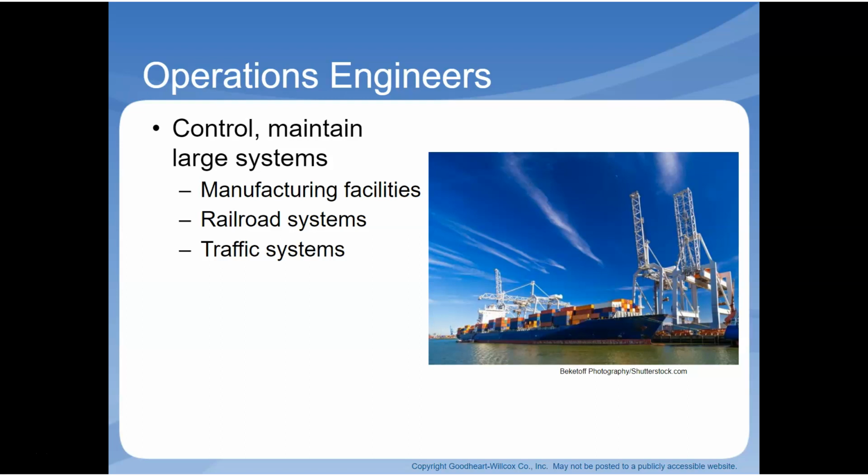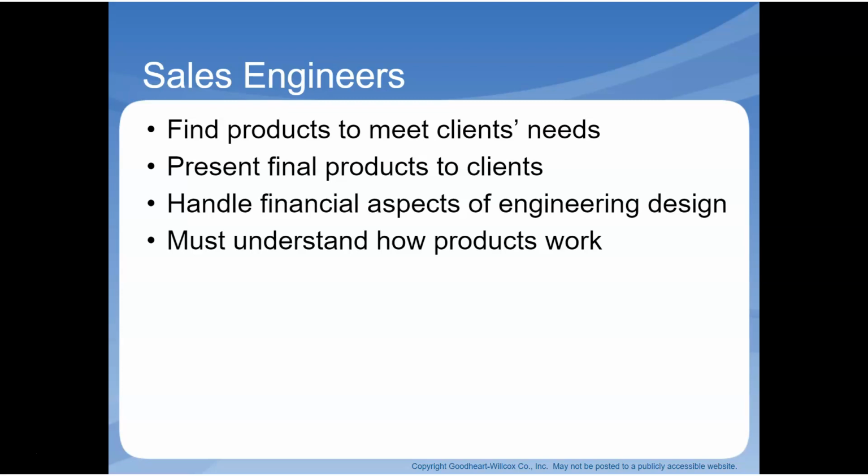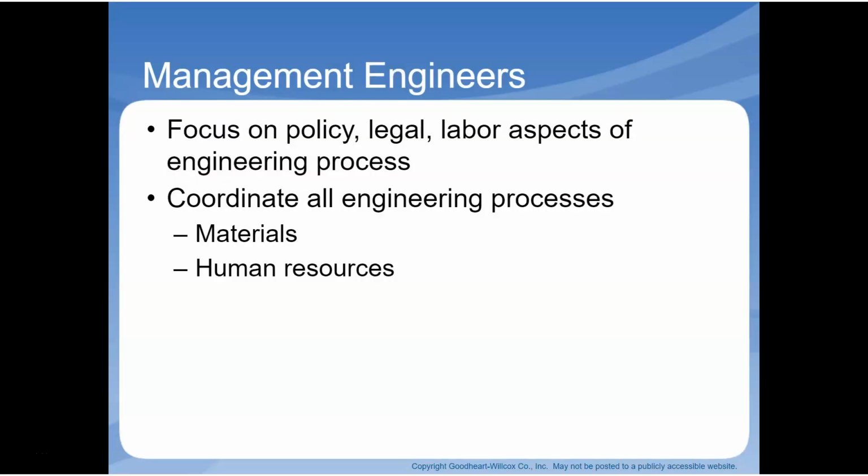So when you think of operations engineers, they're moving people and machinery around to complete a specific task. And then I said the sales engineers, they go out, they meet the clients. They're the technical salesmen of the product. So not just saying, look, this is pretty. They're saying this is how much money this product can make for your company and the problems that it solves.